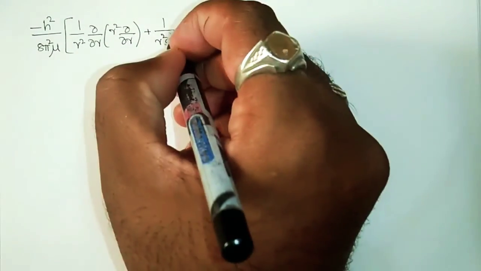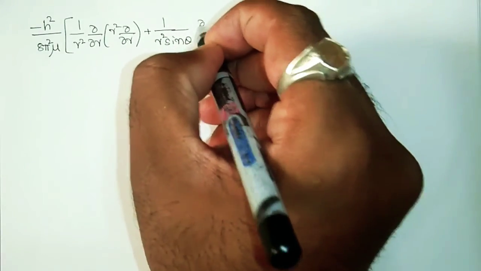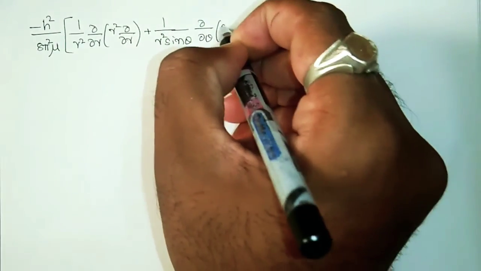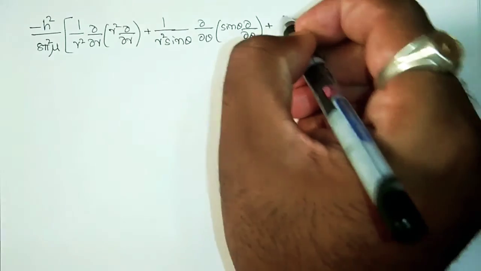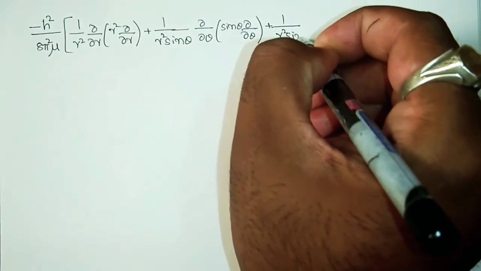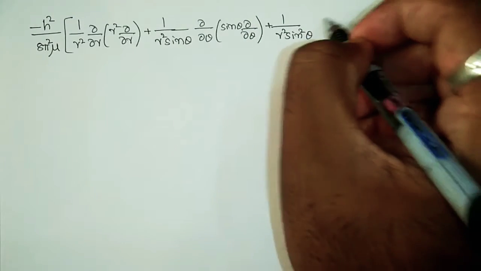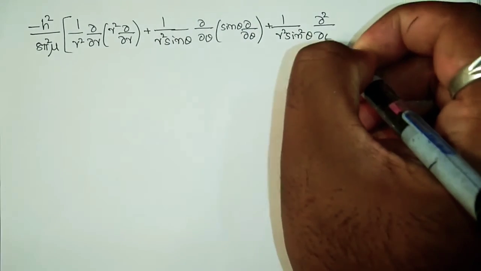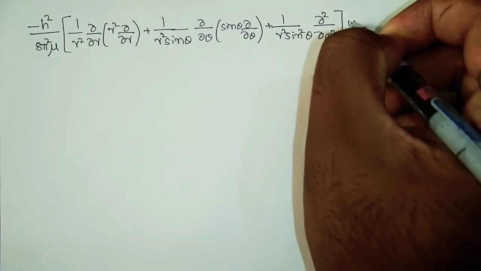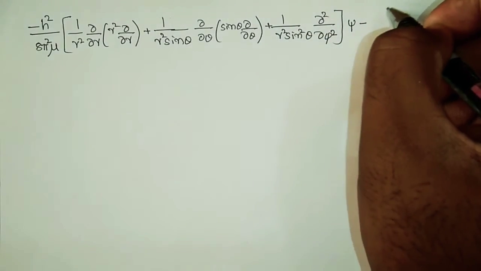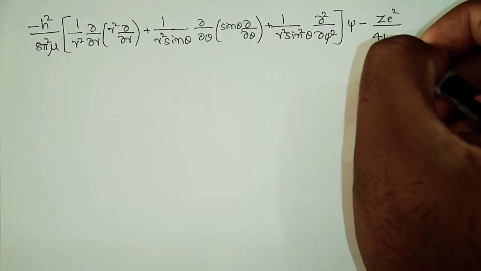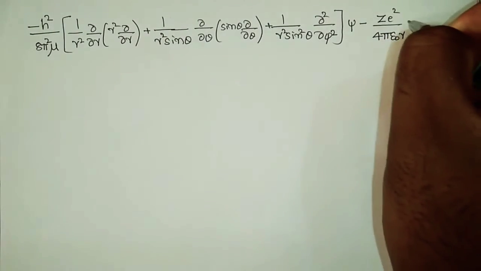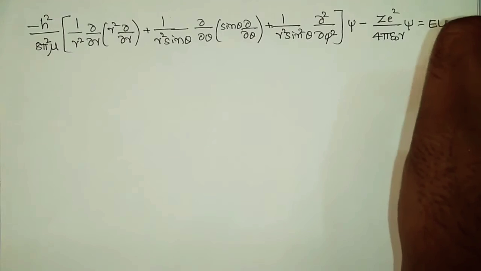You can observe here we have only r square, and here we got one more addition, that is sine theta. 1 by r square sine theta dou by dou theta into sine theta dou by dou theta plus 1 by r square sine square theta dou square by dou phi square of xi, minus, at the place of potential energy V, that is Z e square by 4 pi epsilon naught r, of xi, equals E psi.